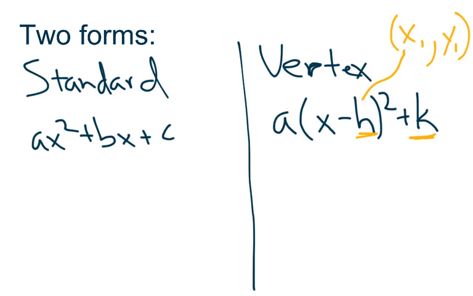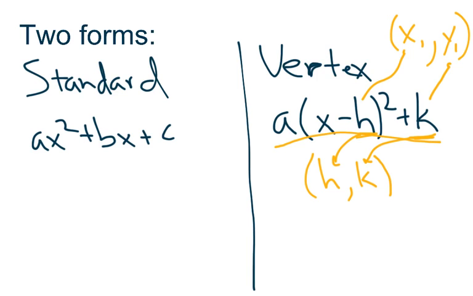Okay, so h is your x, k is your y. And so what this means is that the vertex is at this point h comma k. All right, and so what we can do is take a look at the equation and pull some numbers out into an ordered pair, and we know that's where the vertex is.